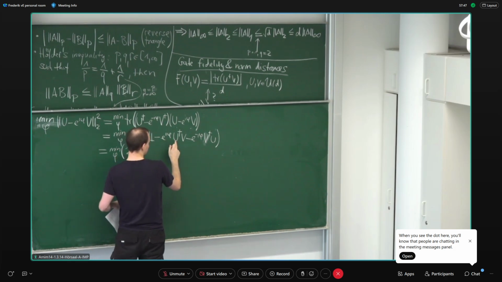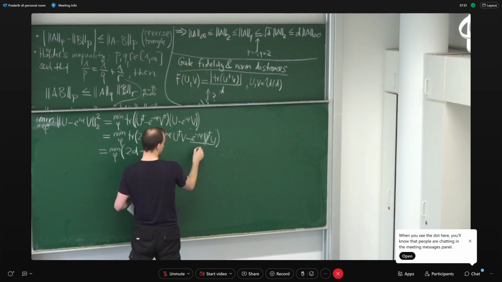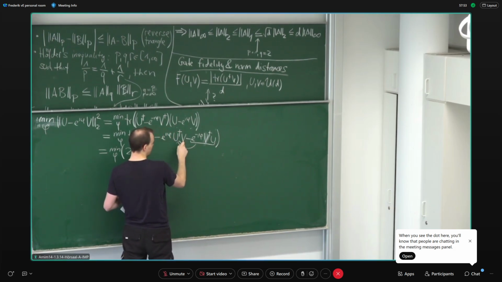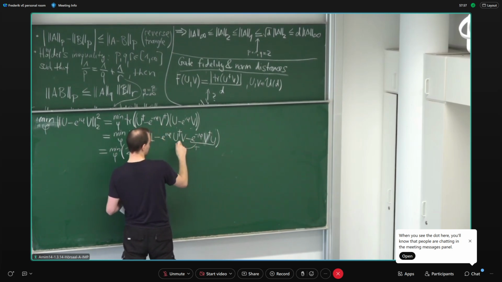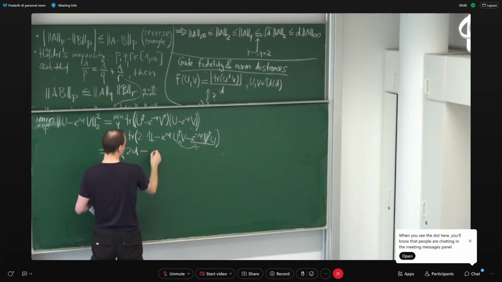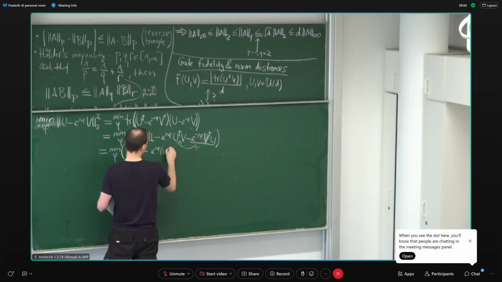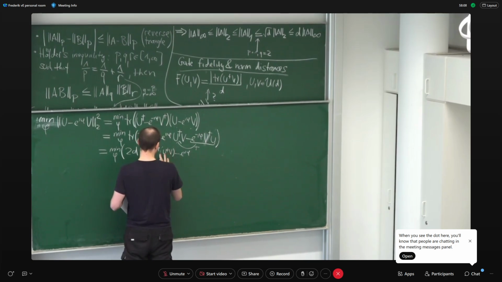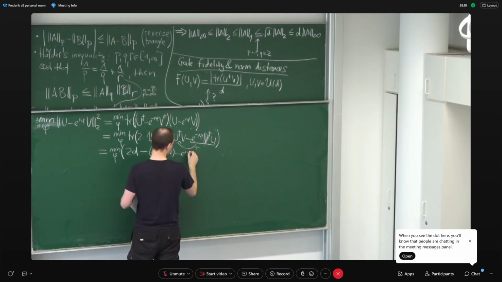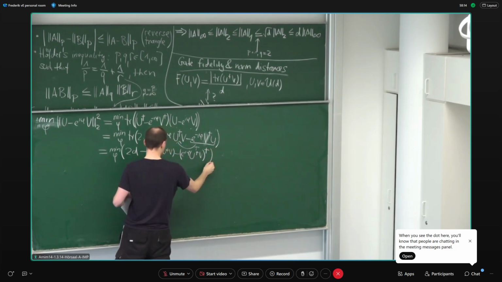And here we can realize that this matrix is just this matrix conjugated. Right, so this conjugated is this, which means that we have U dagger V plus its conjugate transpose.